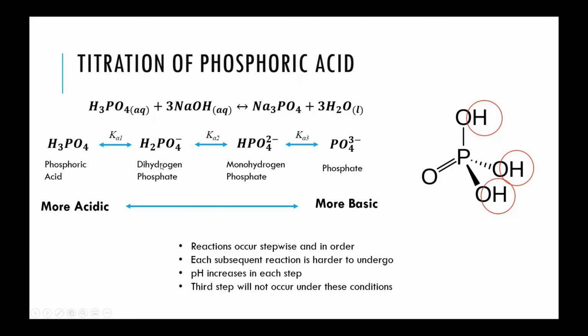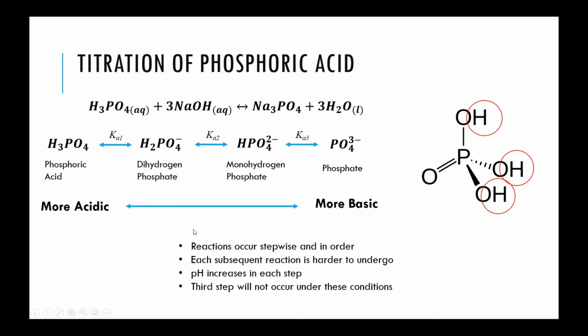This itself is in equilibrium with monohydrogen phosphate, which is again in equilibrium with the phosphate ion. Each one of these is its own acid-base reaction, and each one has its own individual Ka value because these are all occurring in equilibrium.